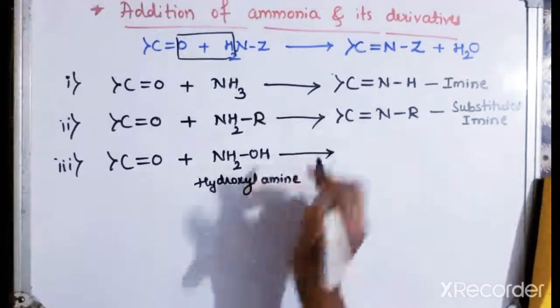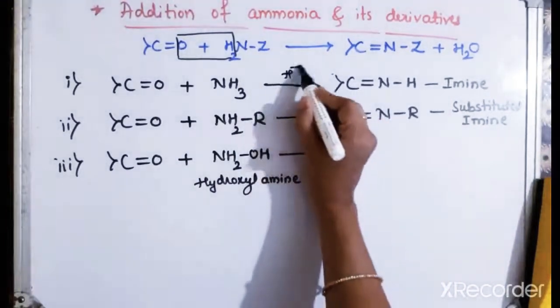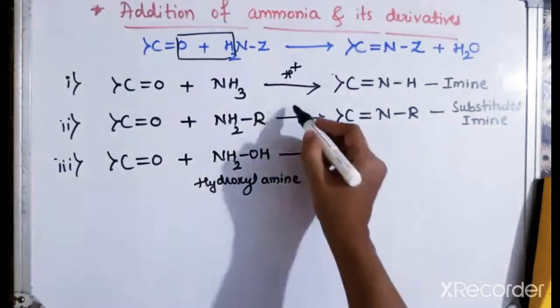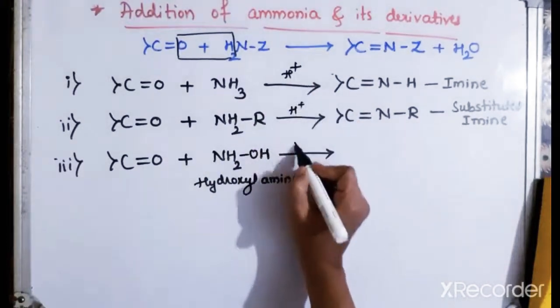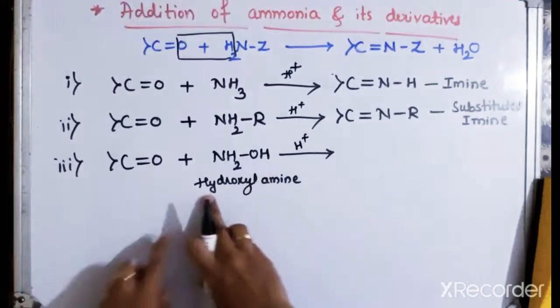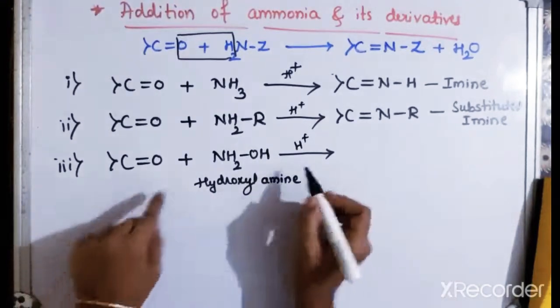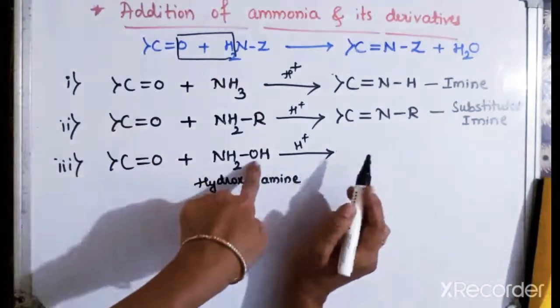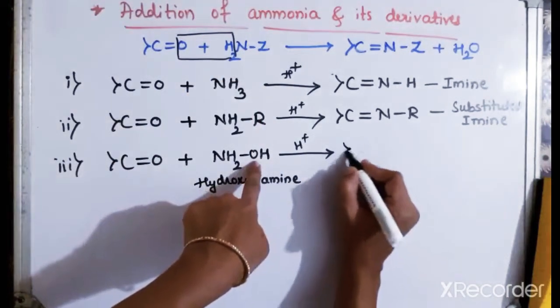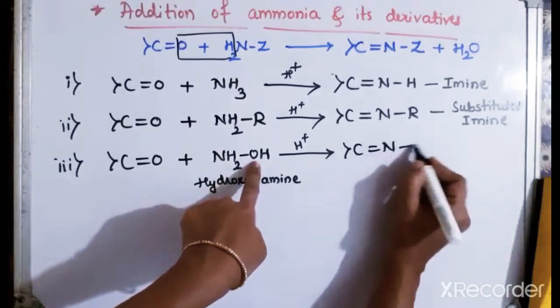And remember one thing, all these reactions are acid catalyzed. Now, hydroxylamine, so what do you get as a product? See, in place of Z what we have? OH. So the product is C double bond N OH.